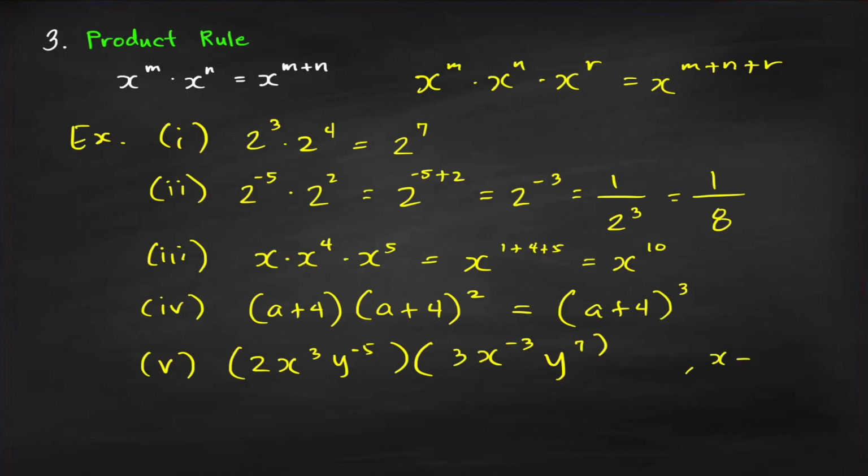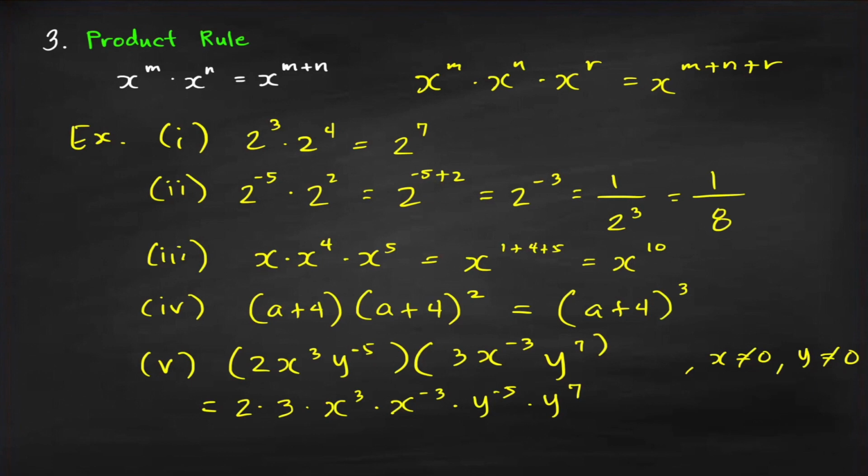So x should not be equal to 0 and y should not be equal to 0. So this is equal to, let's say, first we multiply the constant coefficients, 2 times 3, and then multiply x cubed with x raised to negative 3, and then y raised to negative 5, and then y raised to 7.